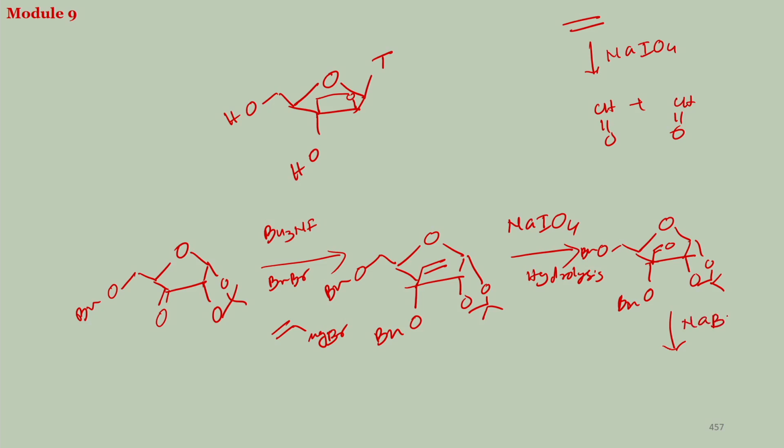NaBH4, sodium borohydride reduction you can do, or you can use another suitable reagent, maybe DIBAL can also be used to reduce, one electron reduction. This OBn, and that will give you OH here, OBn, and the last step is basically a coupling here.